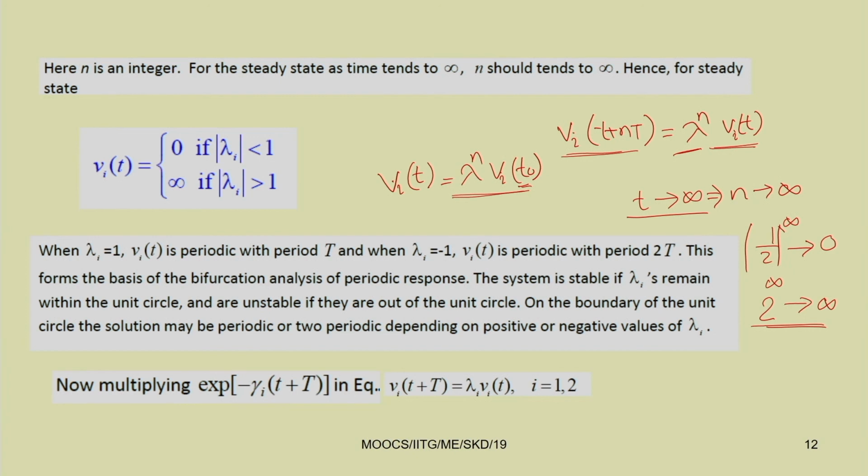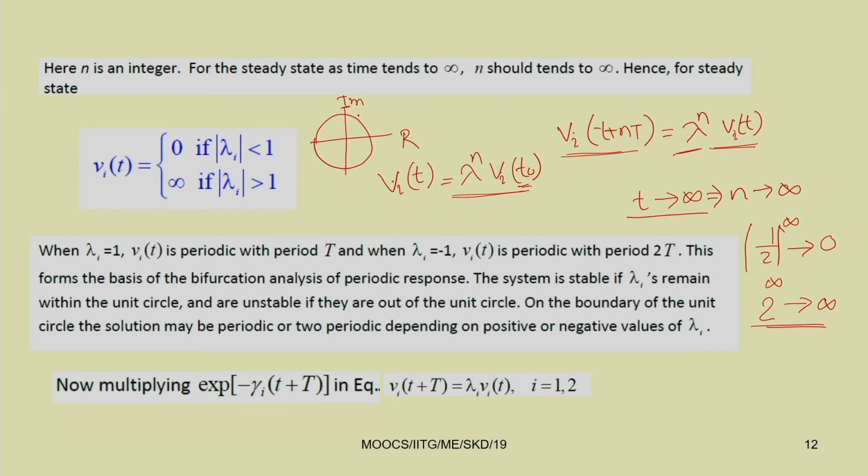So, for |λ_i|, we can draw a unit circle, and this is 1. For example, this λ is a complex number, so we can have the real part and imaginary part.